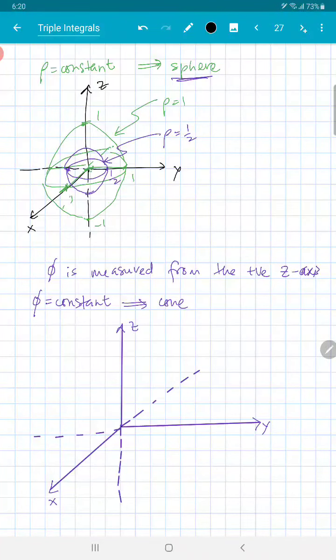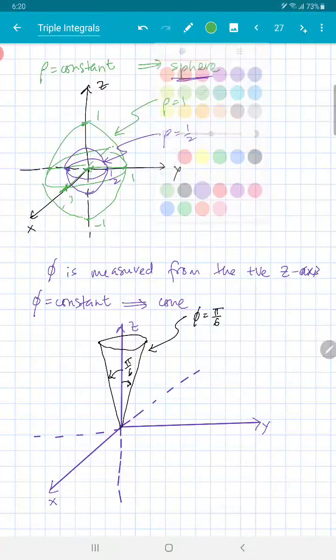So let's say this angle here is pi over 6, or 30 degrees, and here is an angle that you measure from the positive z-axis. So this is also pi over 6, and if you do it forward and backward and combine them together, what you get is a cone. So this cone is phi equals pi over 6.